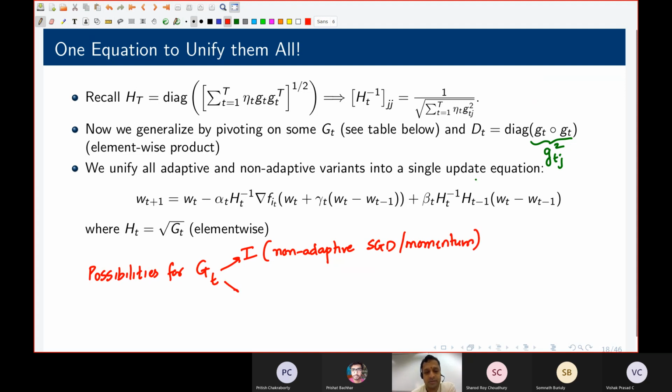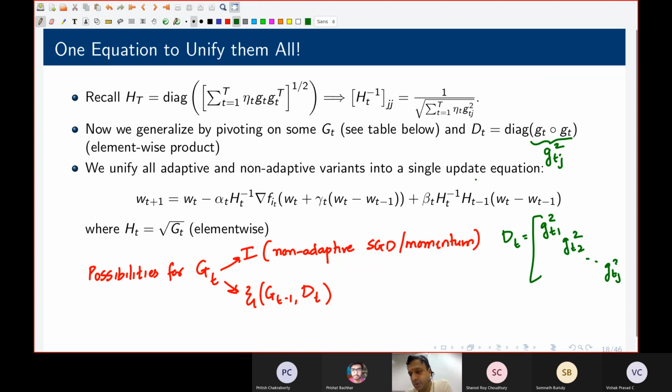Then GT is just I. And we'll see there are some other variants where it could be some function of, say, GT minus one and the current DT. Where again I repeat, DT is just G1 square, G2 square, and GTJ square, which you saw in the previous slide. All others are zero. This is how DT looks.